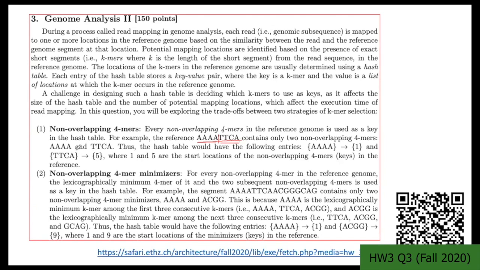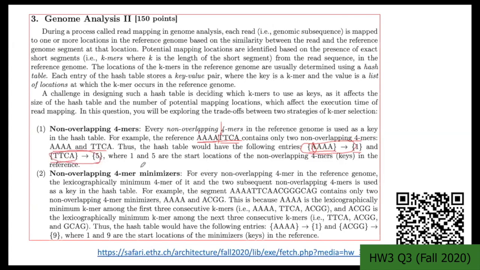The hash table would have the following entries: the first k-mer extracted and its start location. The first character starts at index 1, assuming we index from 1, not 0. And the second k-mer, the other non-overlapping 4-mer, starts at location 5, which is this character. So what we store in the hash table is this key-value pair and this other key-value pair.